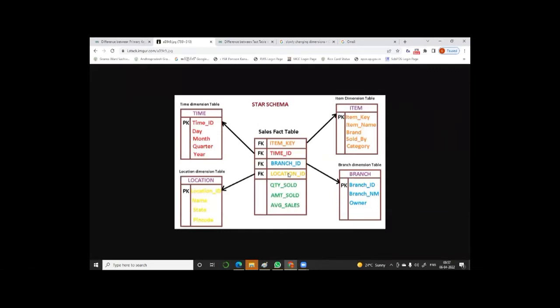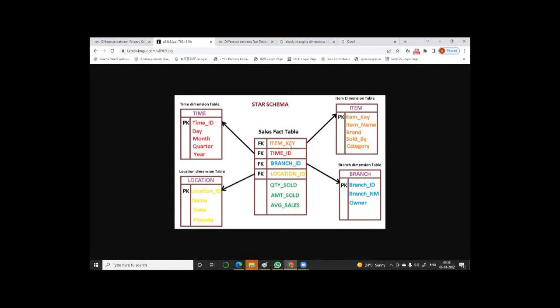See now, this is one schema. Schema, not a command. After that, I will explain what facts and schemas are. But this is one type of schema that is called star. See here, sales fact table is one table. This is the fact table. In this, foreign keys are there. FK means foreign key. See item_key, time_ID, branch_ID, location_ID. These are the four values.